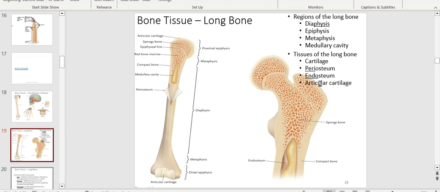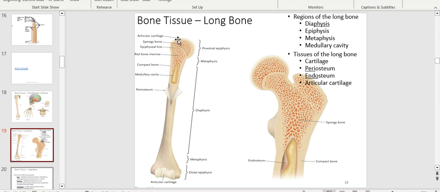In the tissue of the long bone, you'll see there's articulating cartilage on the outside, because wherever bone meets another bone, you will have arthritis if you don't have any cartilage there. The grinding of bone would degrade the bone, and that's the whole point of cartilage. Articulate means joint.